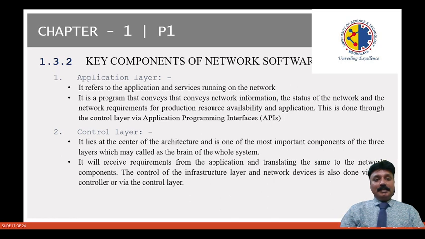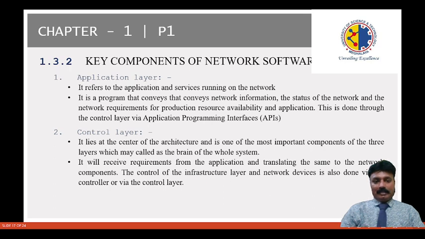Now, the key components of network software. In our previous diagram, we have seen that layered architecture. So let's see some simple definitions. Application layer: the applications and services that run on the network.